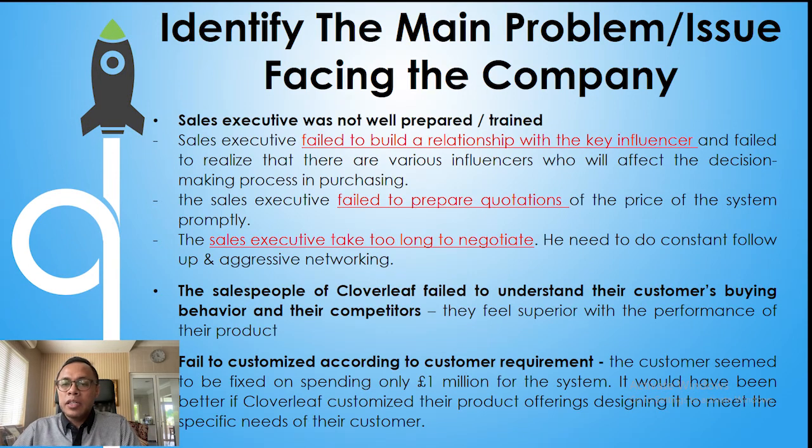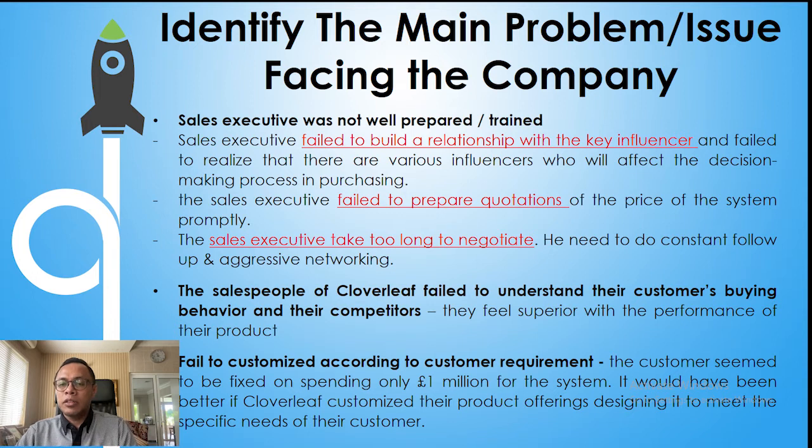The main problem or issue facing the company, the first one, as I mentioned before, is that the sales execs were not well prepared or not well trained. They failed to build a relationship with the key influencer from the company. They failed to prepare quotations promptly, and they also took too long to negotiate with the company.